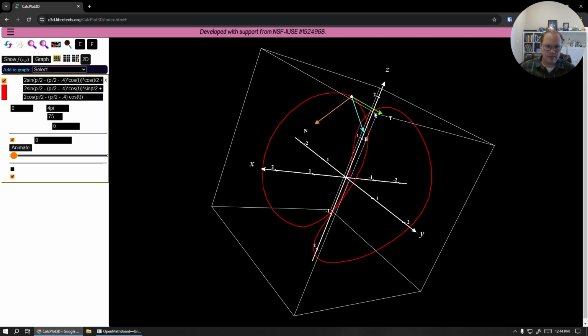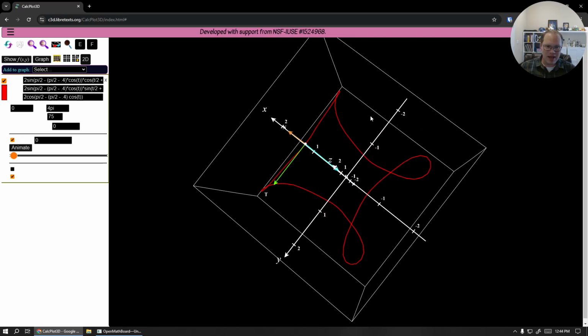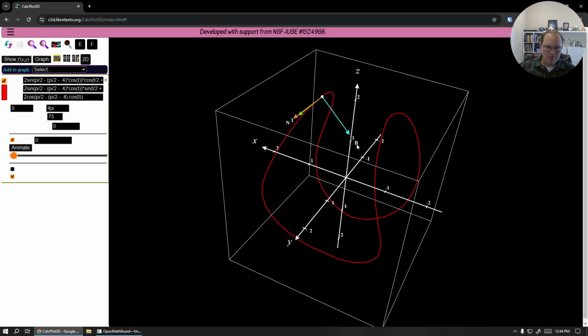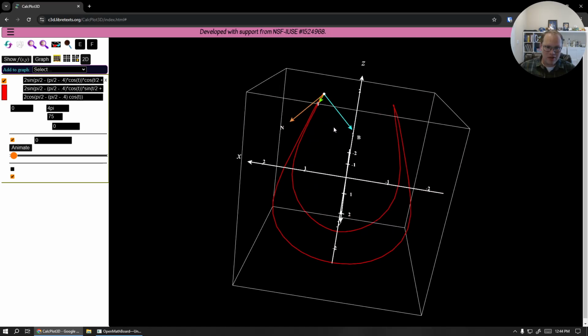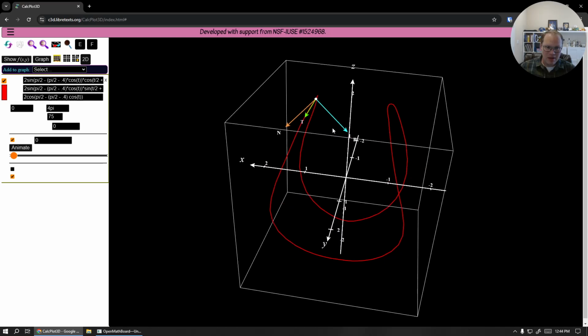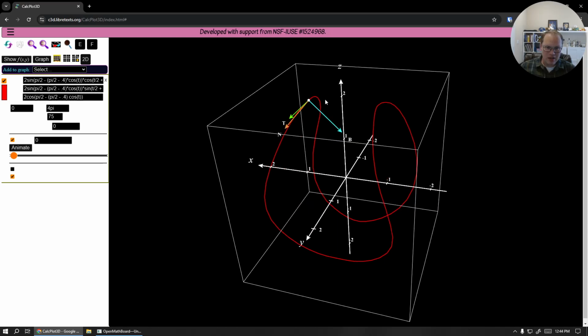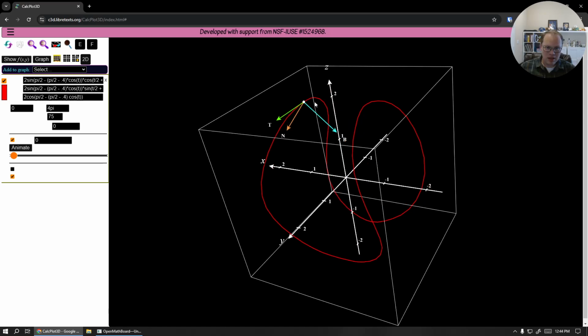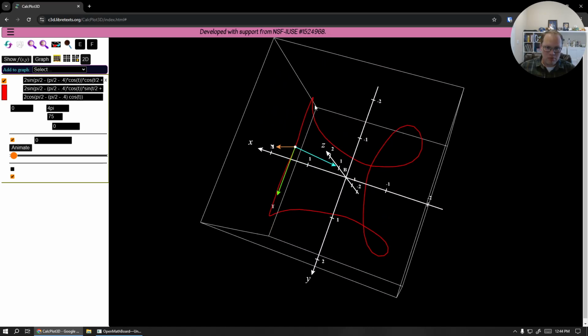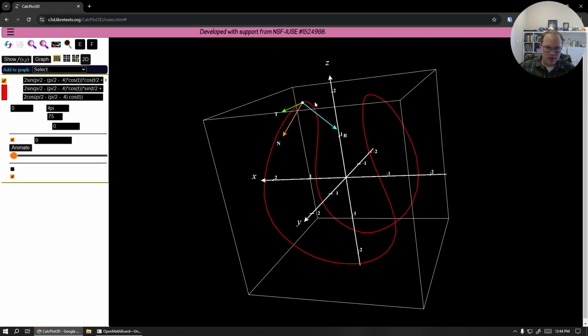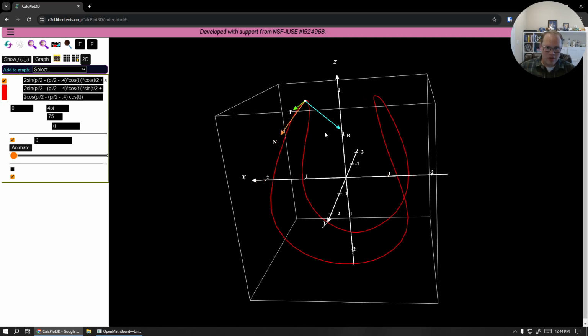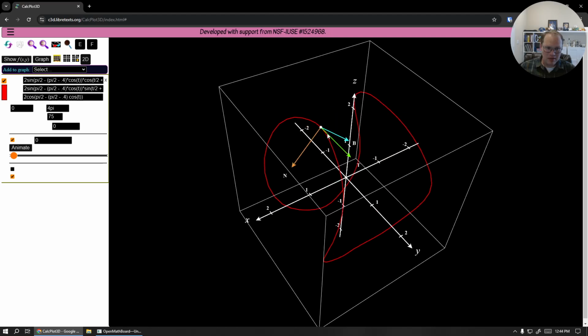Okay? And then we have this light blue one, that's the unit binormal vector. And it is pointing in the direction where nothing is happening. The curve is not curving in that direction. There's no motion in that direction. This is the direction where nothing is happening.